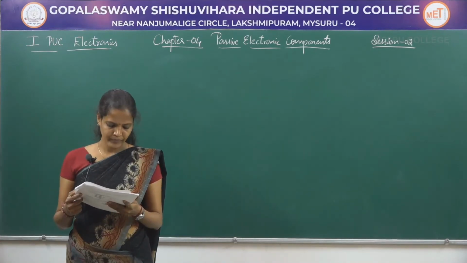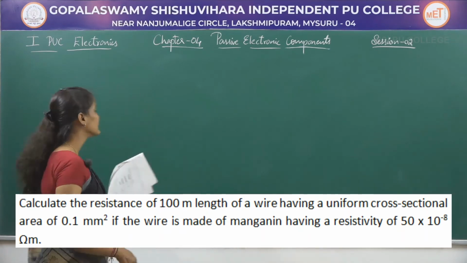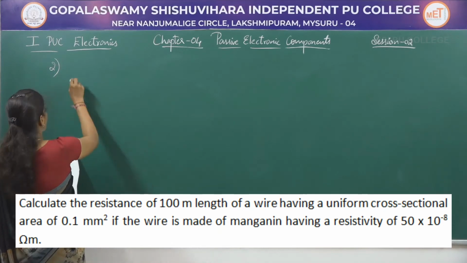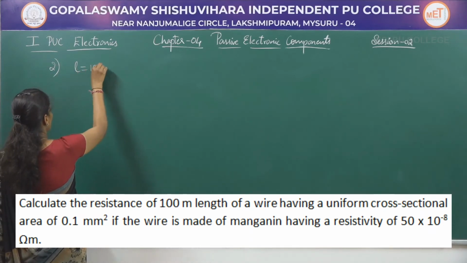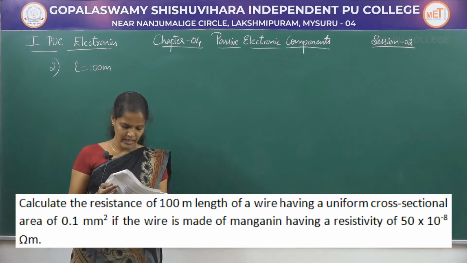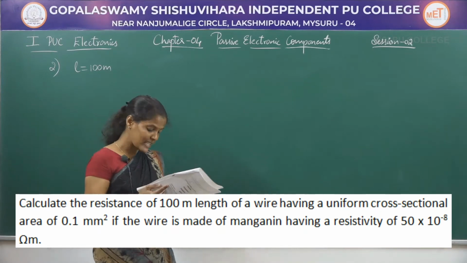The second problem is: calculate the resistance of 100 meter length, L is equal to 100 meter, of wire having a uniform cross sectional area of 0.1 millimeter square.